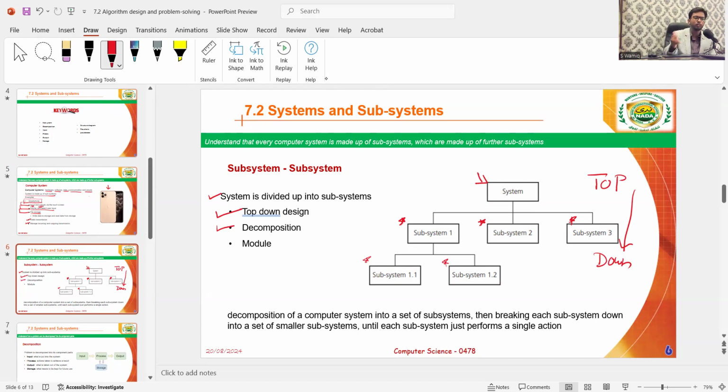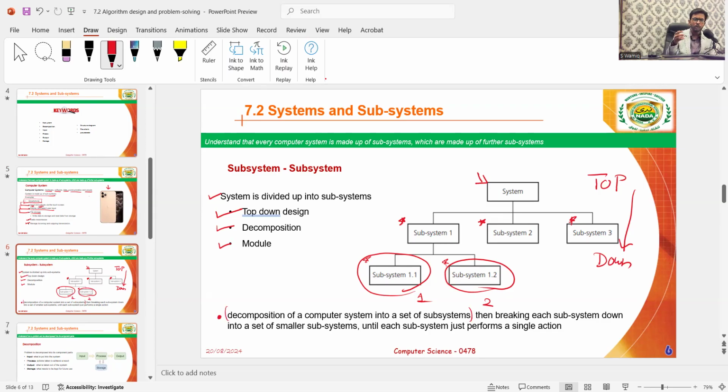This is also decomposition and modules. When I refer to modules, I mean a single module right here. So this is your module 1, module 2, module 3, 4, right? All of this can be considered decomposition, because it is a decomposition of a computer system into subsystems, then breaking it into many small areas.